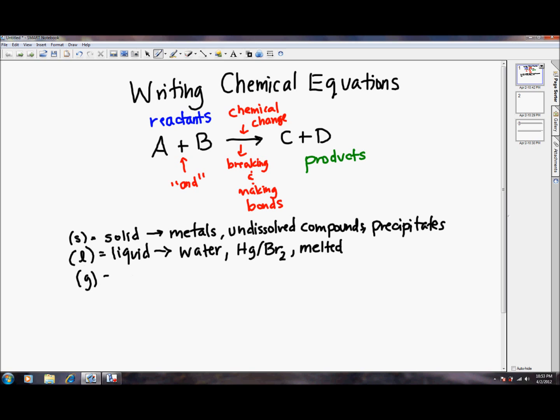Next state of matter is g for gas. If you see that something is described as a vapor, that means it's in the gas phase. Also, there are some common gases that you should know. You should know that oxygen, the element, is normally a gas.